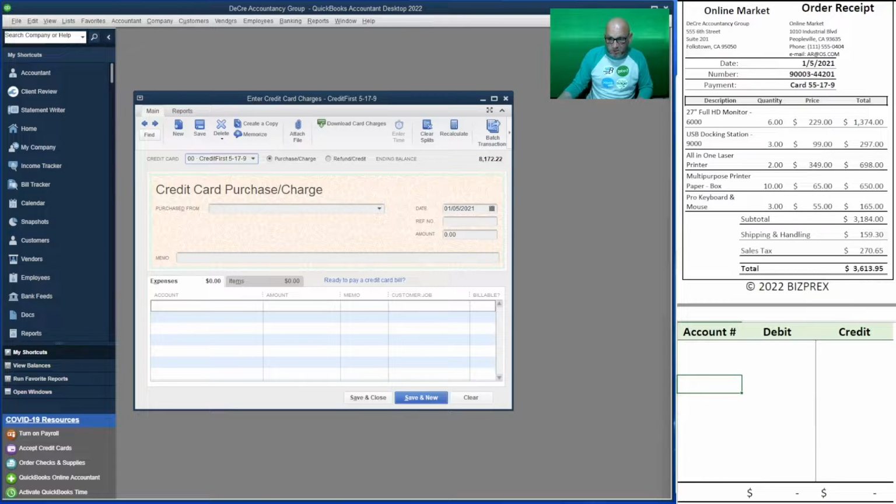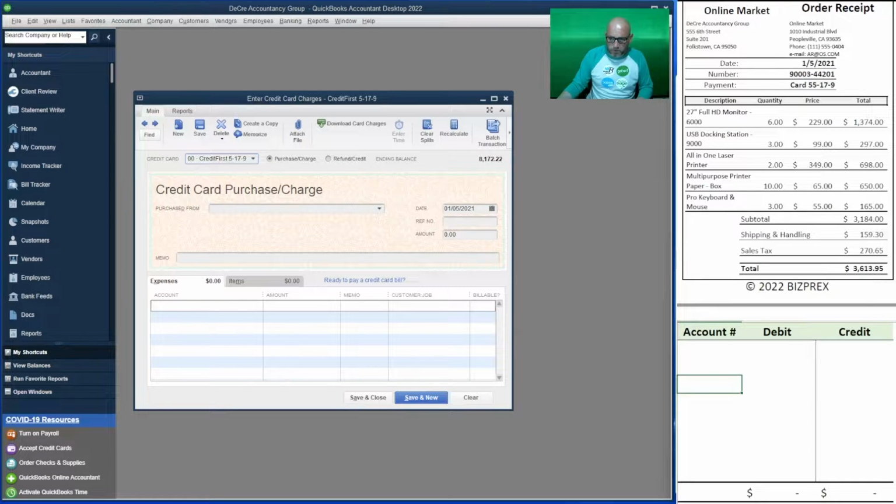So in this instance, I see that the keyboard, and it's arguable, some keyboards do last more than a year. Keyboards with a mouse for $55 may not last more than a year given professional use. So the chances are we're going to book the top 3 items as assets, computer equipment, and then the bottom 2 as office supplies, right?